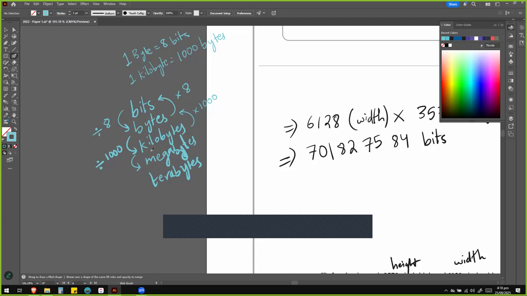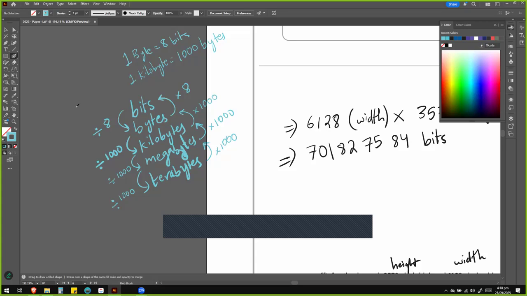Same way, we go from kilobytes to megabytes. We'll divide again by 1,000. Whatever value in kilobytes we had, we're going to divide that by 8,000. And if we want to go reverse, we're going to multiply that by 1,000 instead of divide. Same thing here. Megabytes to terabytes, we are going to divide by 8,000. And if you want to go from terabytes to kilobytes, you will multiply by 8,000 again.